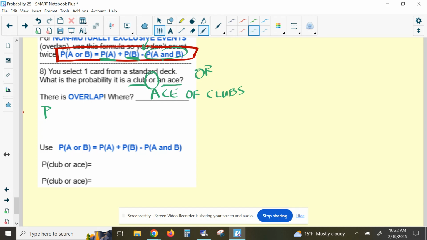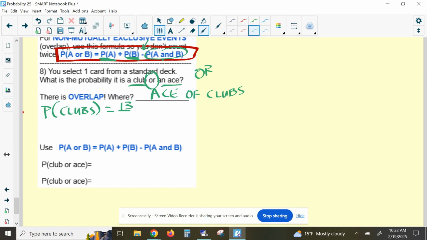And there's only one ace of clubs. If you look, he's right here. Ace of clubs. There is no other ace of clubs in the deck. That's it. Just one. So the probability of clubs, if I just found the probability of clubs, what would I say? How many clubs are in that deck? 13.